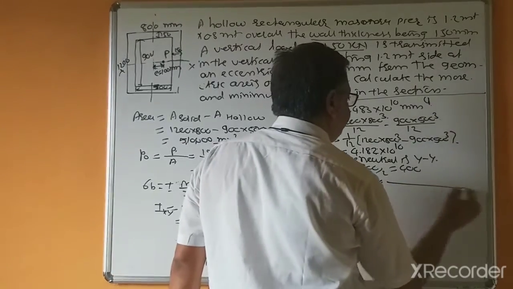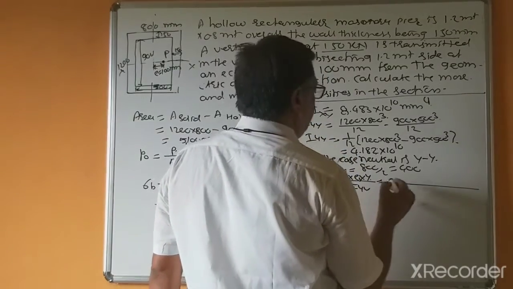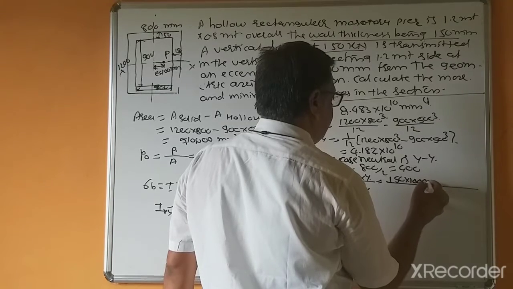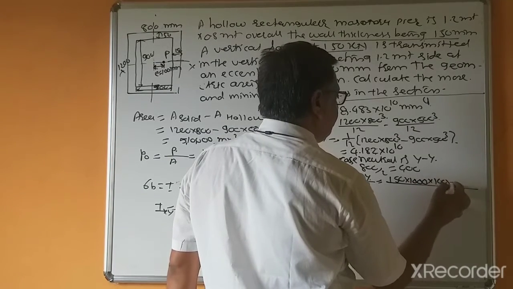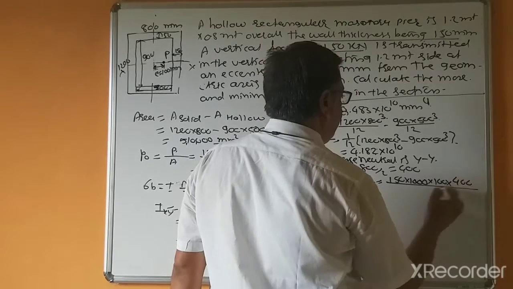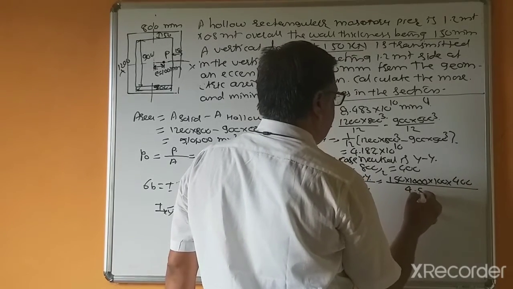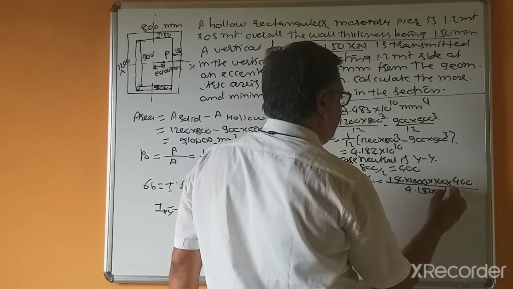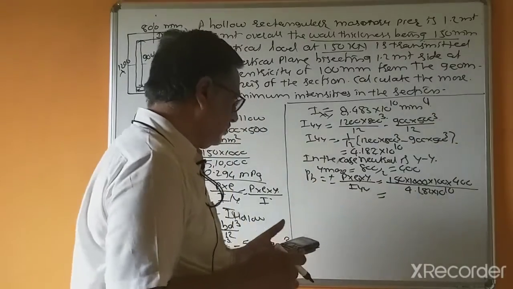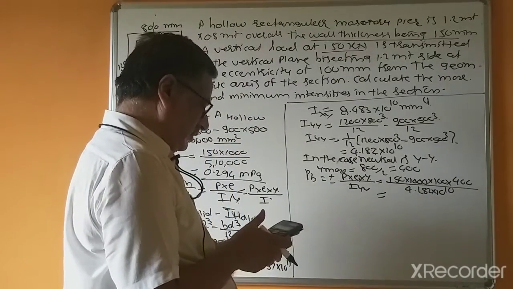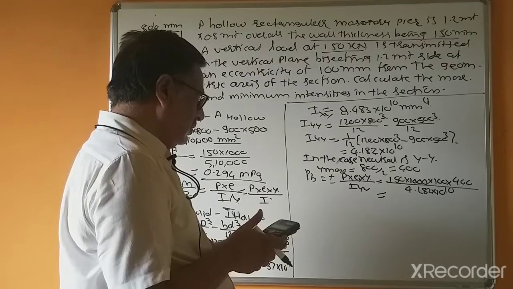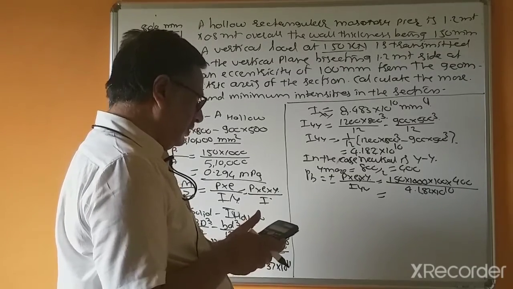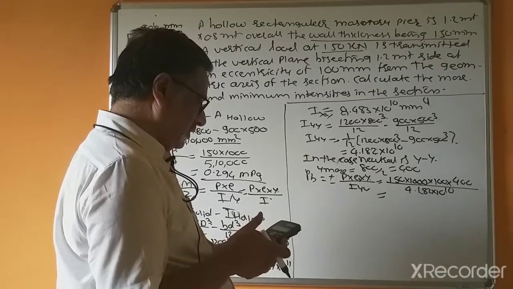P equal to load 150 kilonewtons multiplied by 1000, ey 100, 400, and this is 4.182 10 to the power 10, 1 divided by answers multiplied by 150 multiplied by 1000 multiplied by 100 multiplied by 400.